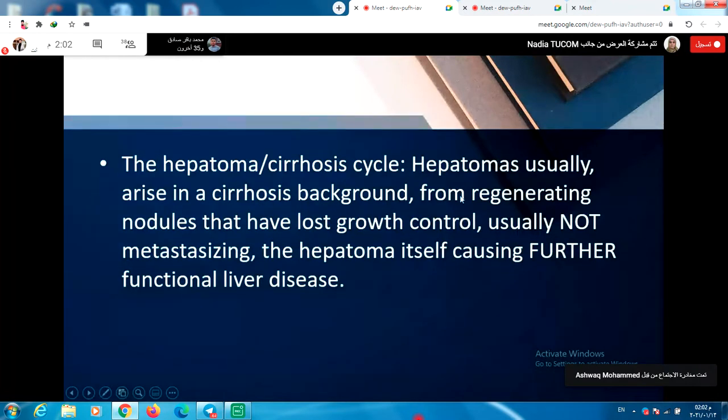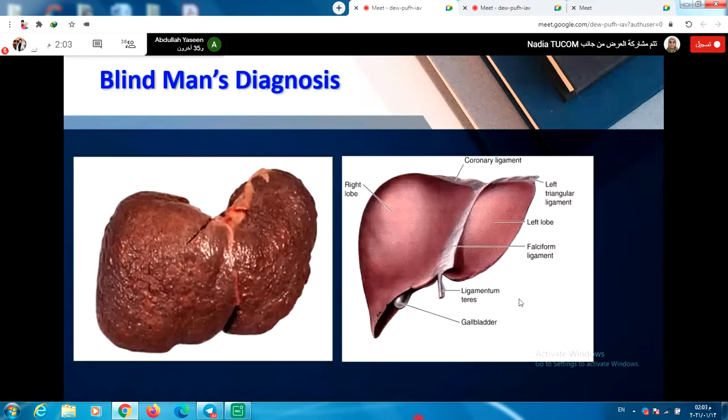Most commonly, hepatoma arises on a background of cirrhotic, regenerating nodules with loss of growth control. And hepatoma is not usually metastasizing, and itself causes further functional hepatic disease, liver failure.